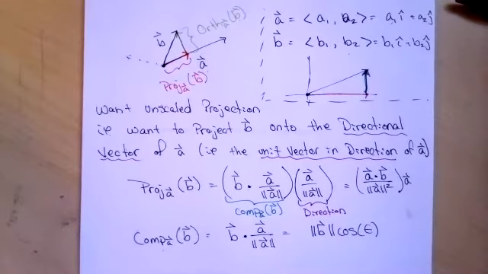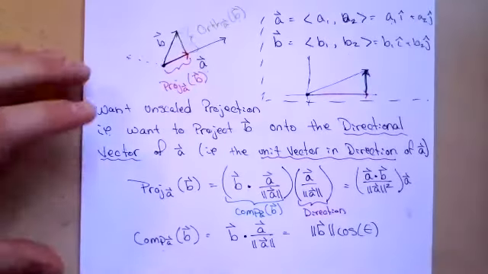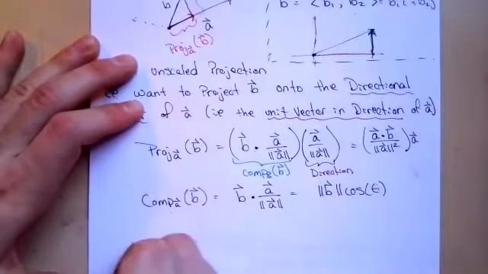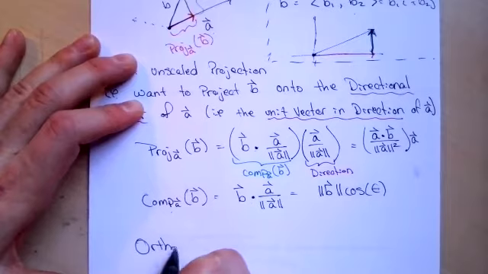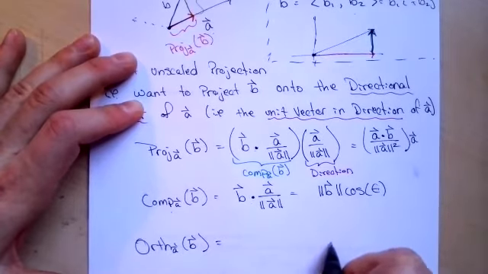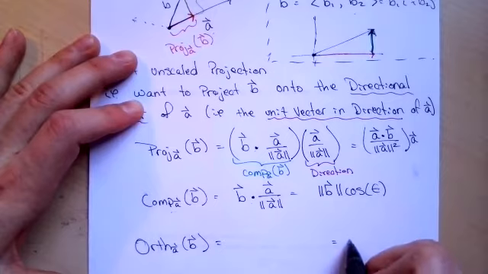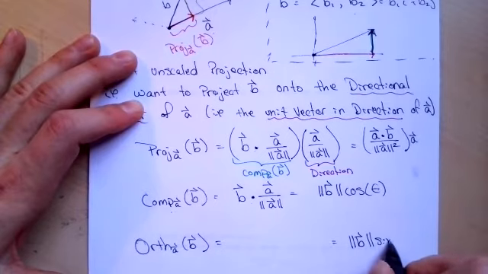Just the orthogonal component would be the magnitude of B sine theta. Good, that is correct. So maybe we can write it down, but it's not very handy. So basic geometry, magnitude of B sine theta.